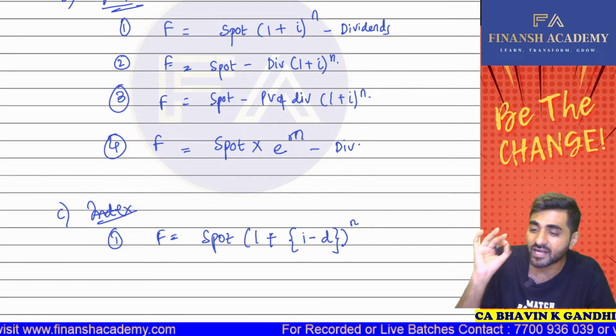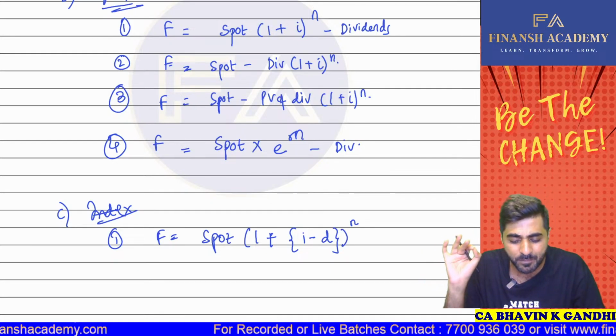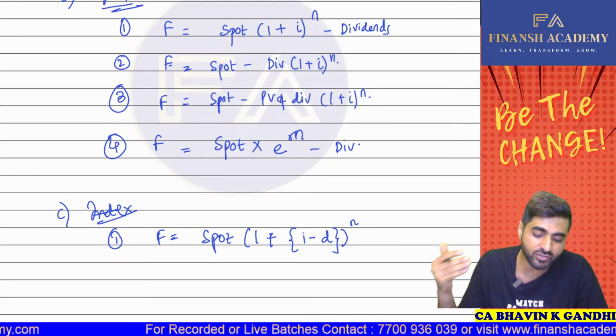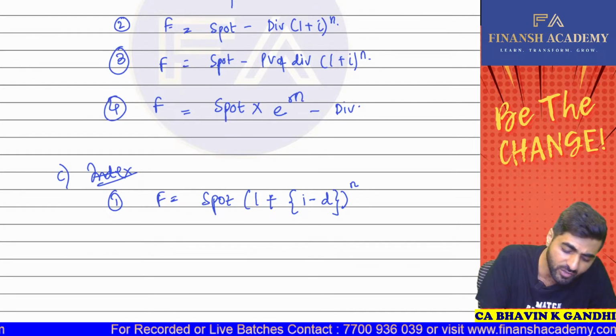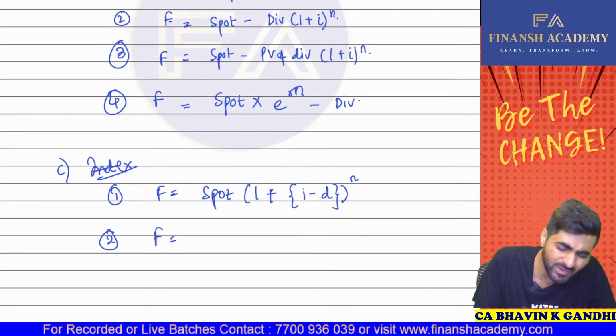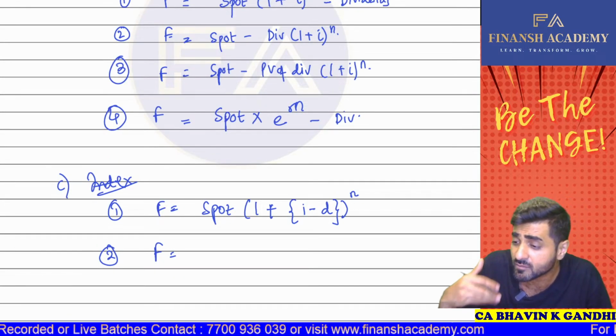Yes, sir. So that is why while calculating the futures, we need to take spot into 1 plus I minus dividends, and we have to then raise to the power n. Okay. Also, my dear students, in this particular case, the dividend yield will always be in terms of percentage.